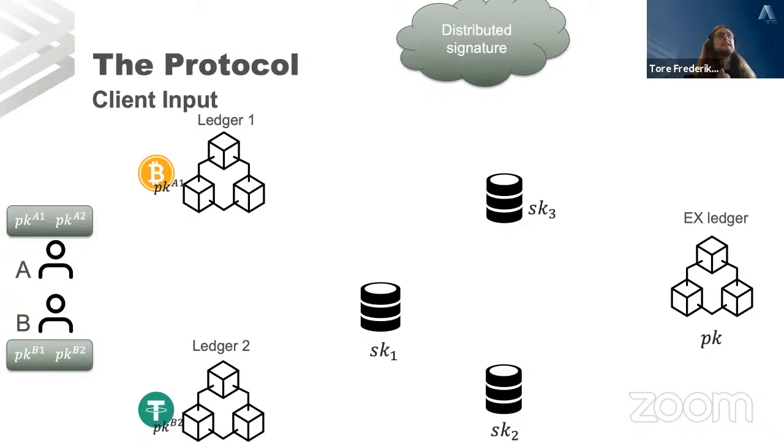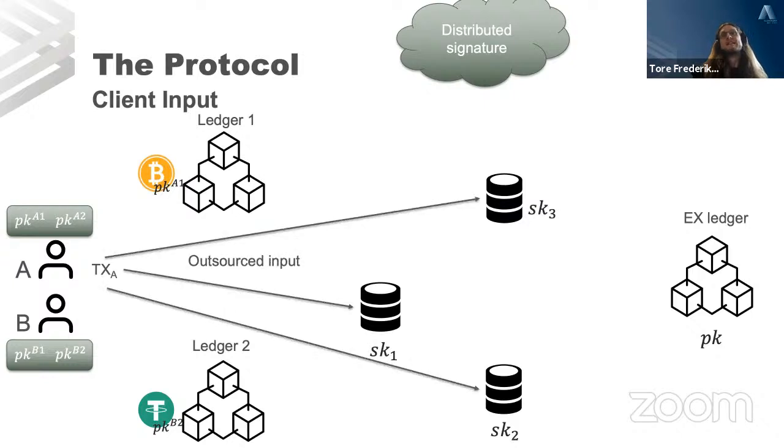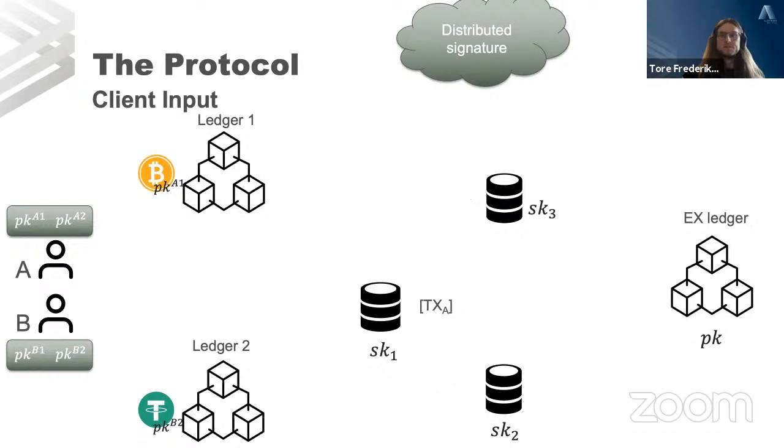The idea is that each of those parties has some addresses, or conversely public keys, for each of these ledgers, where they hold their money and where they want the other tokens to go. So the way we start this is that they each construct a limit order, like I explained earlier, and send this as input to an outsourced MPC computation to all of the servers.